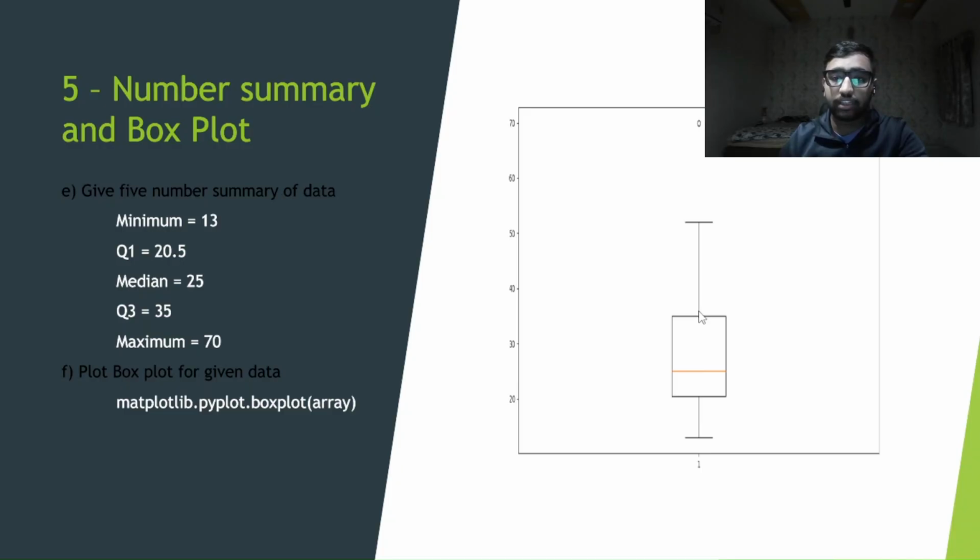As for the box, the top edge of the box represents the third quartile, while the lower edge of the box represents the first quartile, and the line in the middle of the box represents the median. Hence, this is our box plot for the given data.